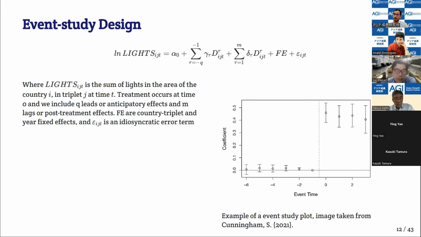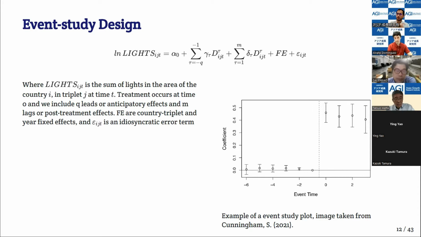As is common in the diff in diff literature, we're going to use the event study design to show that there are parallel trends. As you may know, when you use diff in diff, you need to convince your audience, and you need to show that treatment and control groups follow a similar or parallel trend, in this case in terms of lights.